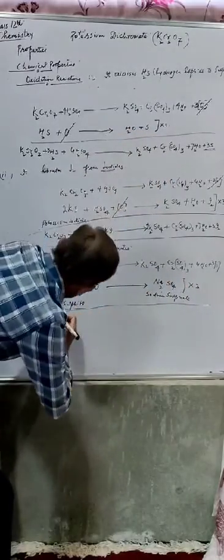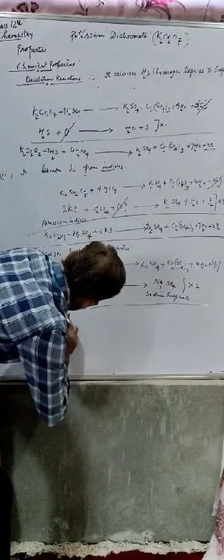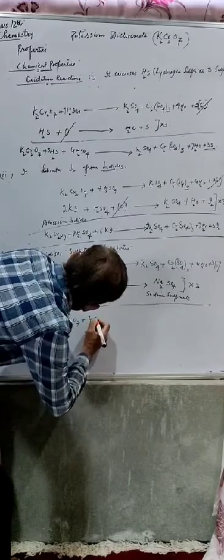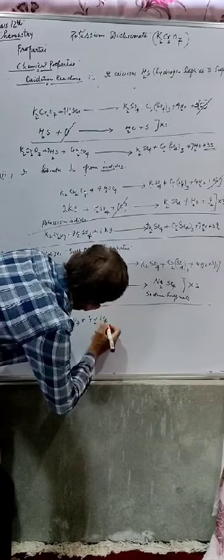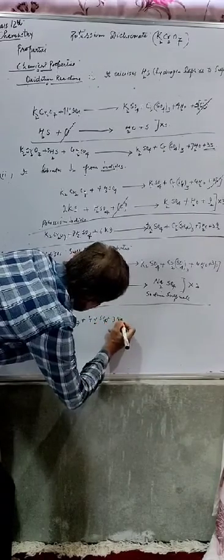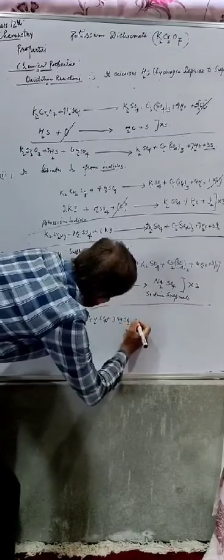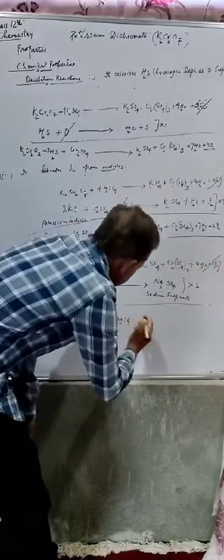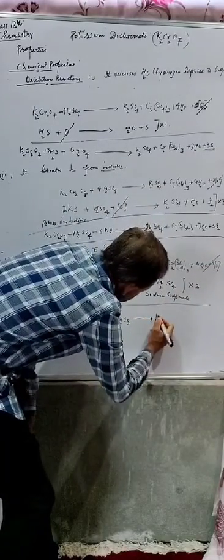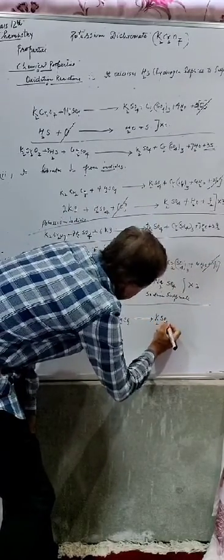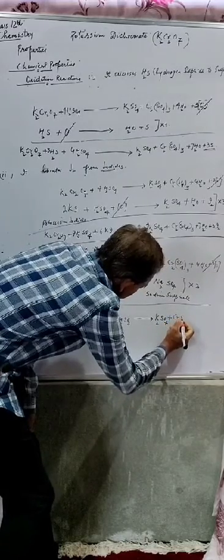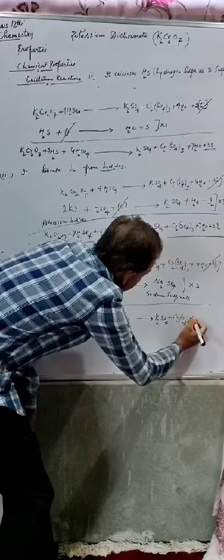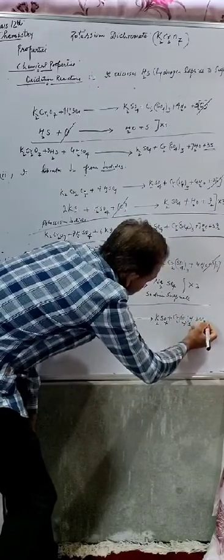And the overall reaction becomes K2Cr2O7 plus 4 times H2SO4 plus 3 times Na2SO3, and these cancel, gives K2SO4 plus Cr2(SO4)3 plus thrice Na2SO4.